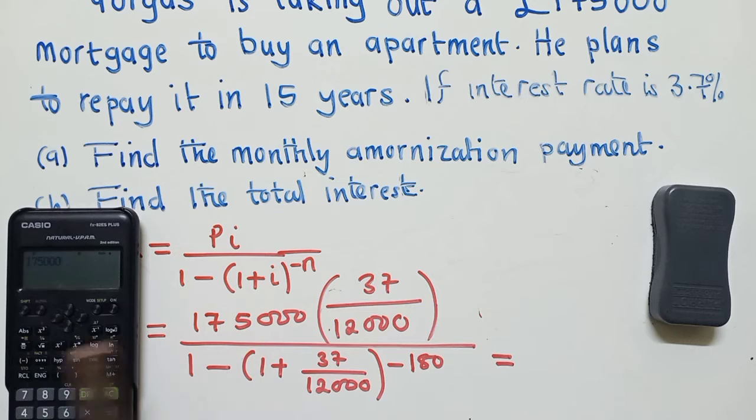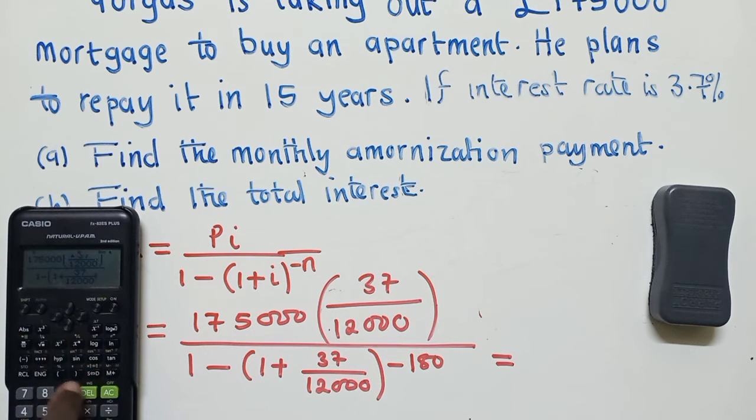Open bracket 37 over 12,000, and then close, divide by 1 minus, open bracket, 1 plus 37 over 12,000, and close there, power negative 180.